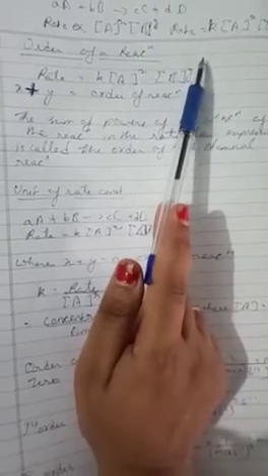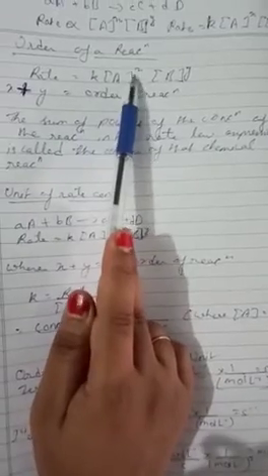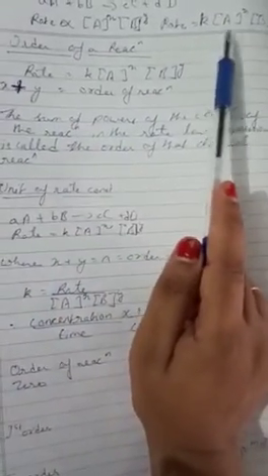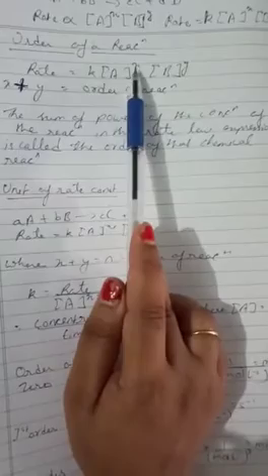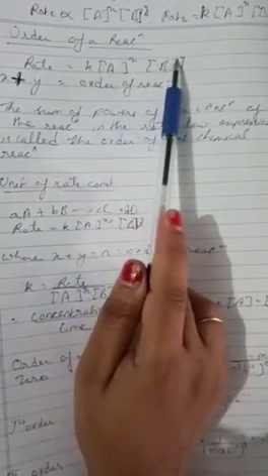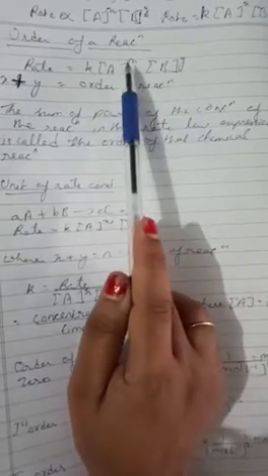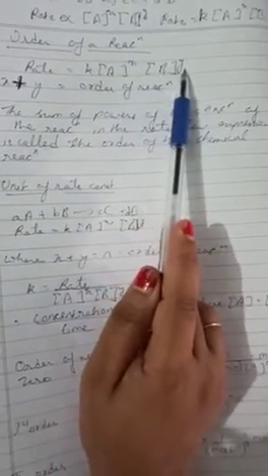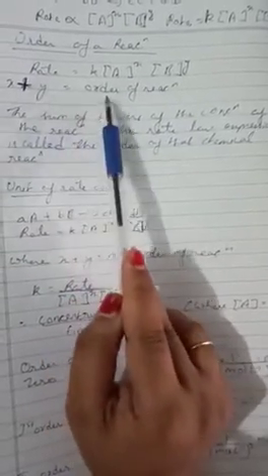So moving forward with the topic, which was order of a reaction. We will take this rate expression as our example. Here you can see X and Y, which are the powers in the rate expression. The sum of these powers in the rate law represents the order of a reaction.